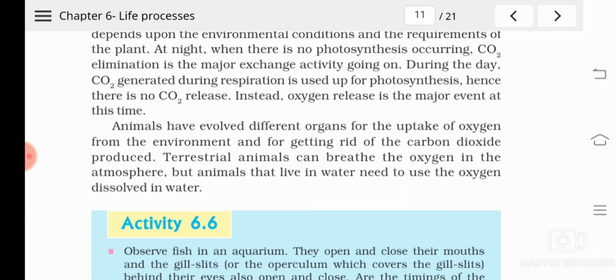Understood? So some of them can exchange gases through the skin or through the cell membrane. Aquatic organisms like fish have gills, and in terrestrial organisms there are lungs to breathe. So there are different organs to do the exchange of gases between the organism and the atmosphere.